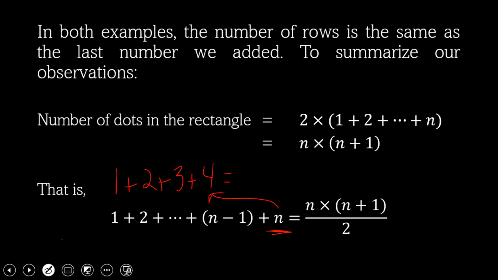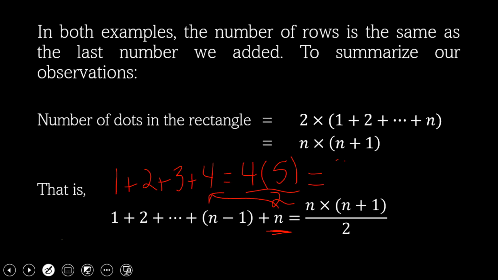Okay, so if I want to use this formula, instead of having the pictures that I drew before, which of course, the smaller the numbers, the easier it is to draw pictures, but just to show you guys the example of the formula, we can plug in 4 times (4 + 1), which is 5, over 2.